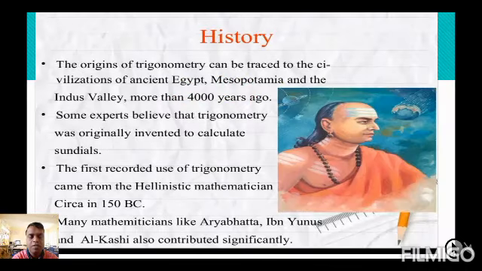What is the history of trigonometry? The origin of trigonometry can be traced to the civilizations of ancient Egypt, Mesopotamia and the Indus Valley. More than 400 years ago, some experts believe that trigonometry was originally invented to calculate sundials. The first recorded use of trigonometry came from the Hellenistic mathematics circles in 150 BC.